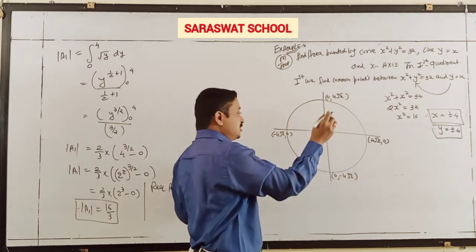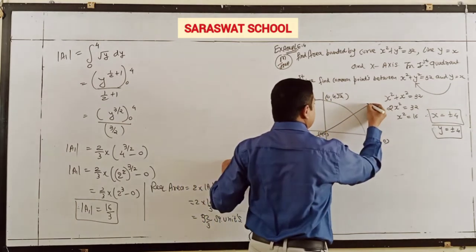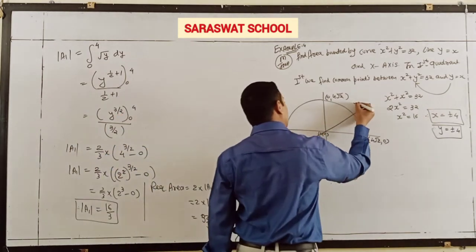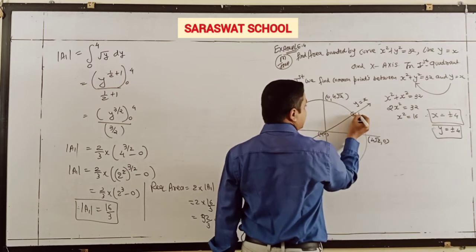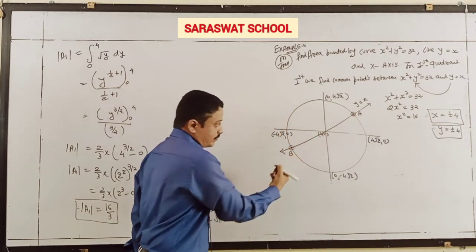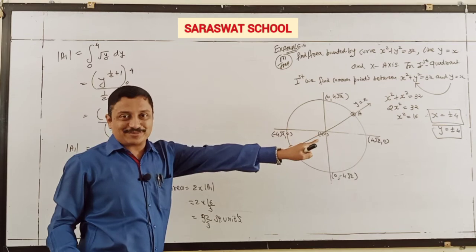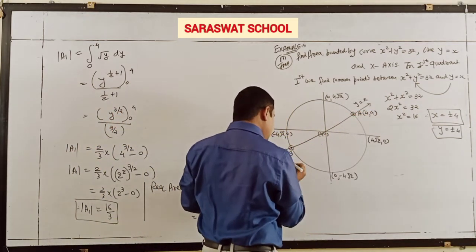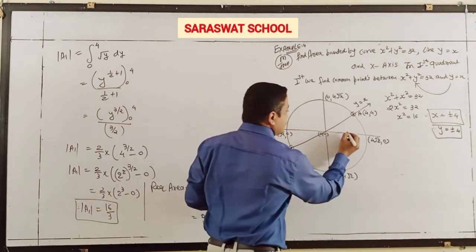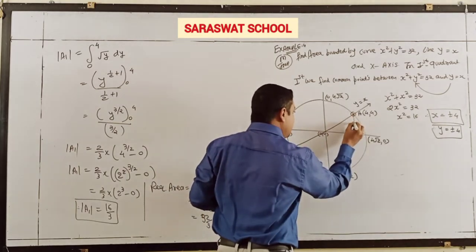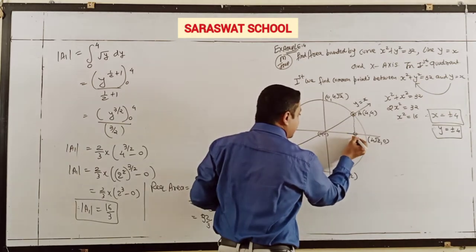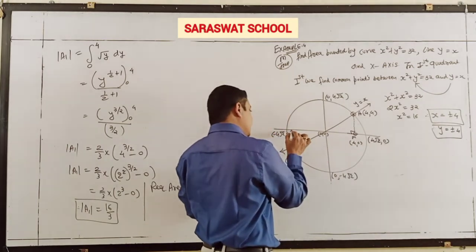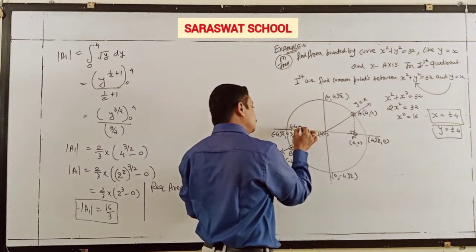And your line y is equal to x passes through the exact middle of the center. This line is y is equal to x. And here your two points create A and B, which become plus or minus 4, plus or minus 4. One is 4, 4, another is minus 4, minus 4. And here, students, you can start by plotting the point M at 90 degrees, which is exactly 4, 0. If you take this also, then minus 4, 0.